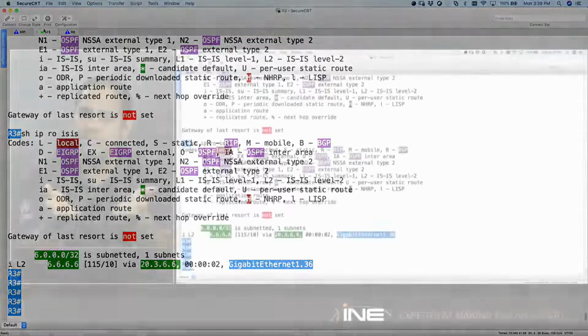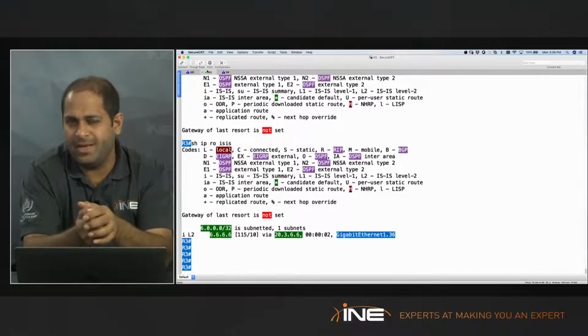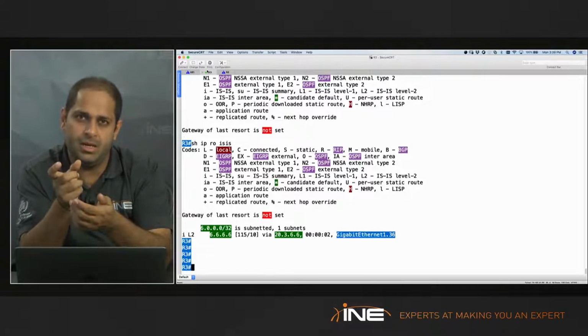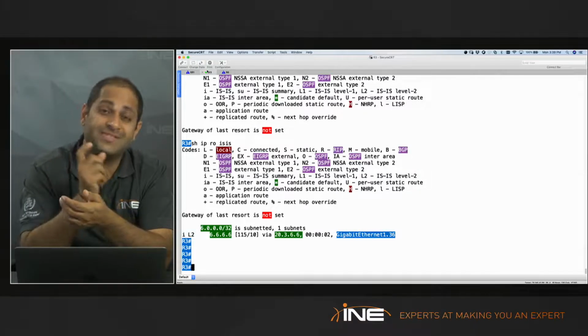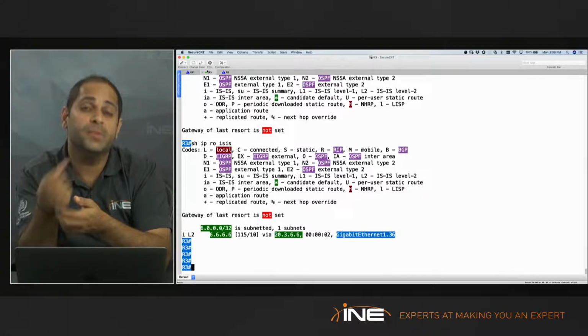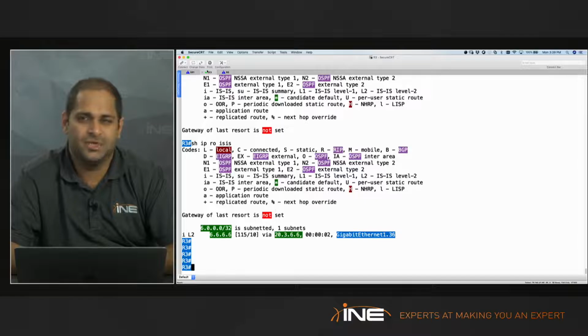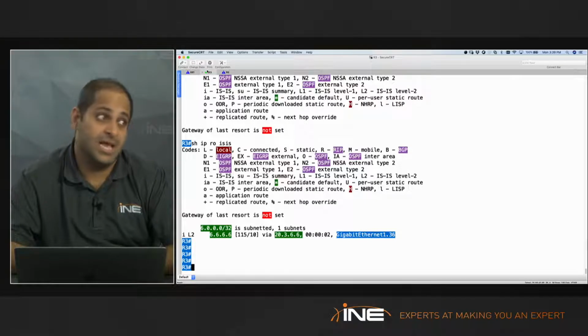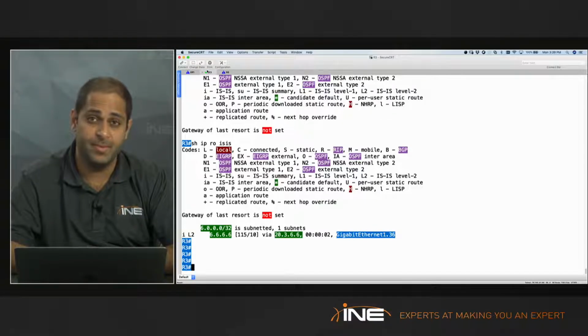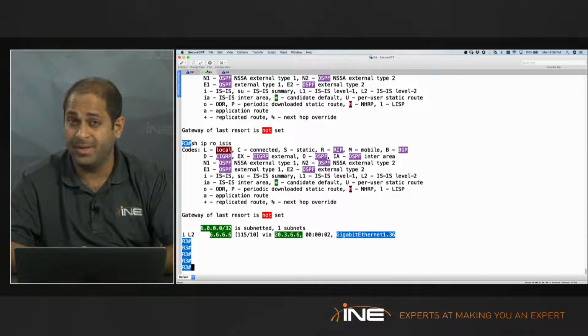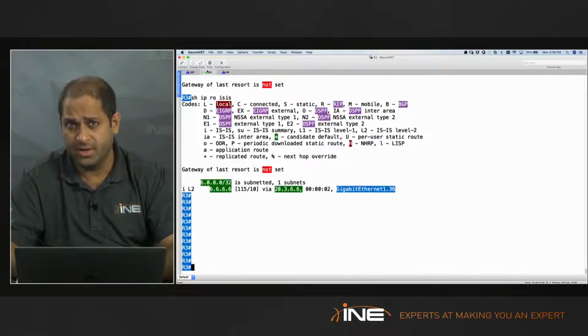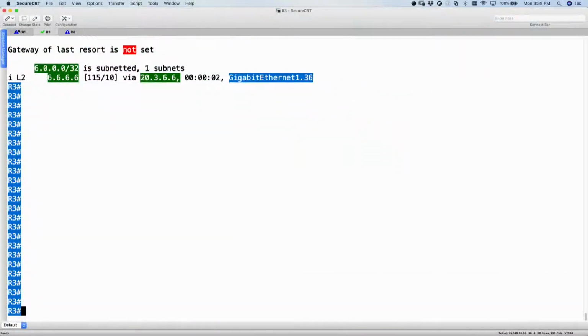So in level 2, you and me could be in the same area, or we could be in different areas. Doesn't really matter. But the whole meaning of single level routing means you and me are in the same area. Whether we keep the router as level 1, level 2, doesn't really matter. Whether I keep the router as L1 only or L2 only, doesn't really matter. As long as you and me are in the same area, it's called level 1 routing or single level routing.